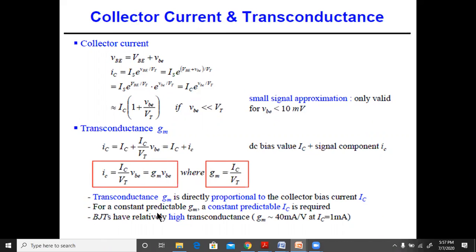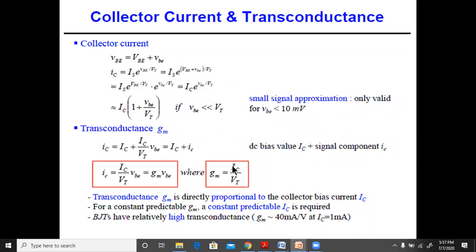For a constant predictable GM, a constant predictable IC is required. If you want a constant value of GM, then you need a constant IC, because VT is just constant. BJTs have relatively high transconductance, of the order of 40 milliamperes per volt at IC equal to 1 milliampere.